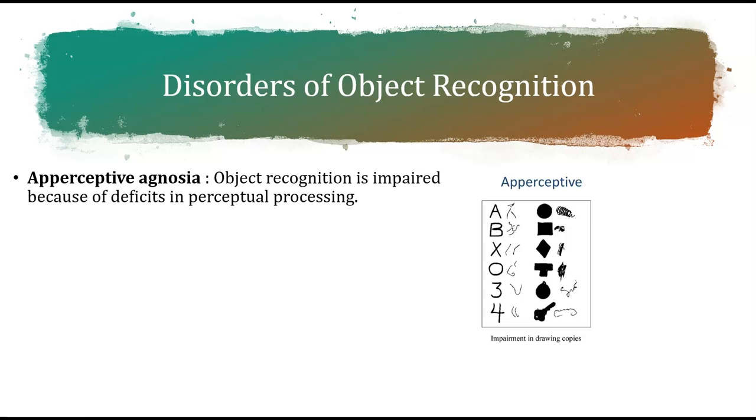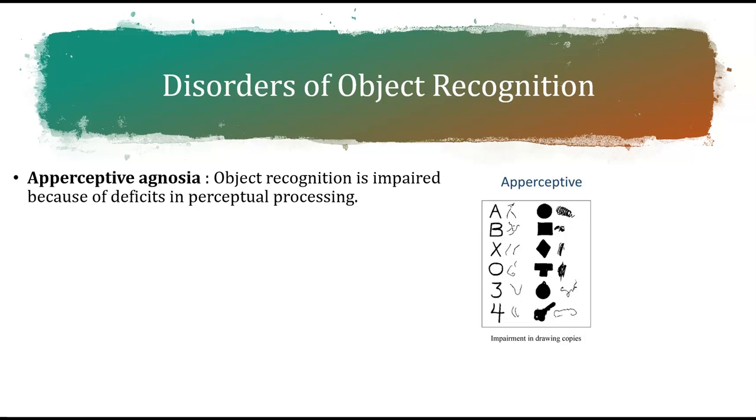These patients still possess knowledge about objects. For example, they can still describe an object's shape and how to use it, or they can still recognize the object from touch. But these patients are no longer able to identify the objects from looking at them.